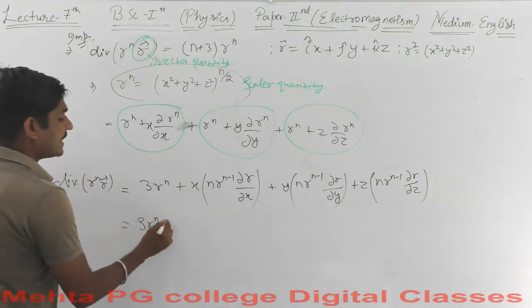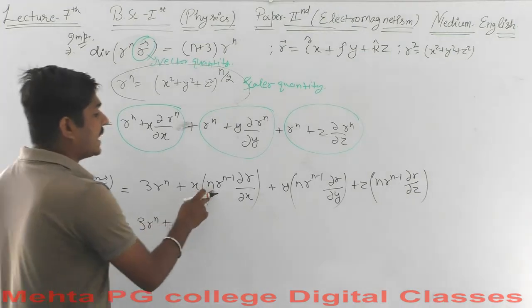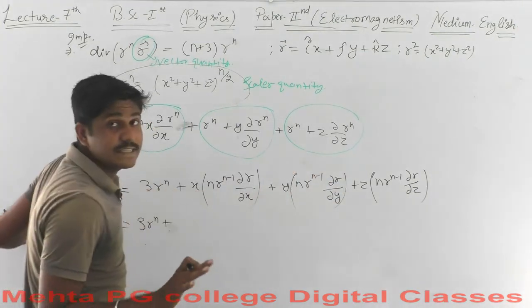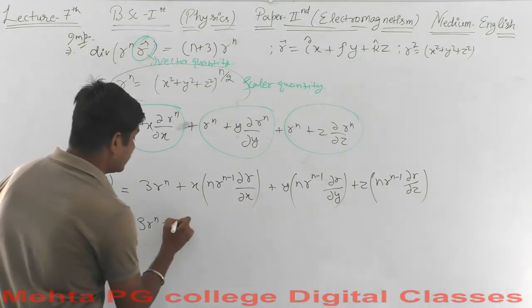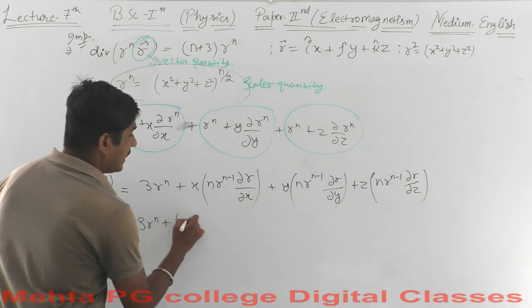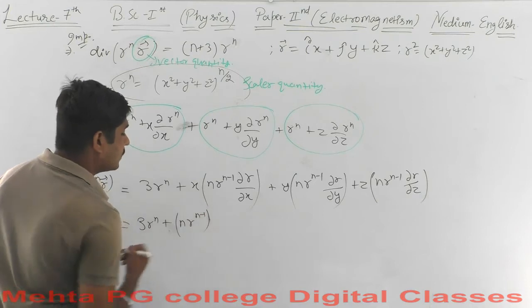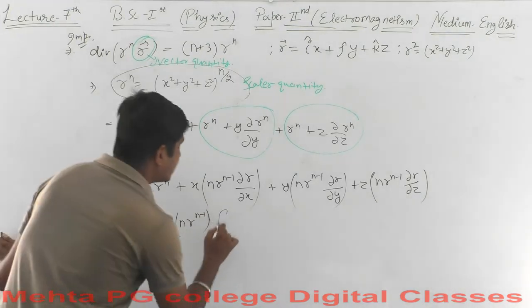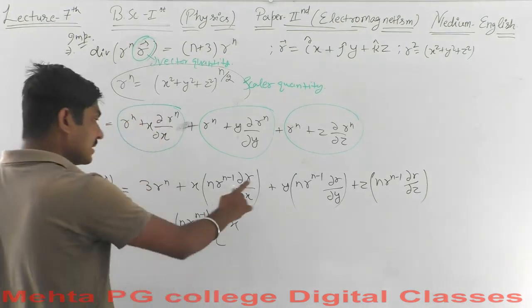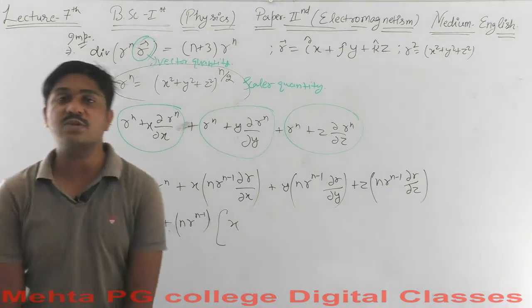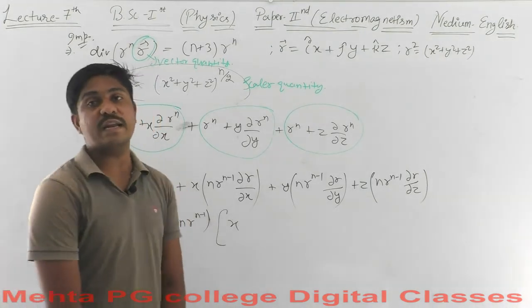So what can we take in common? We can take common n r raised to power n minus 1 for all of these. Taking this common, n r raised to power n minus 1 is the common quantity. So what remains here? x times the derivative of r with respect to x. What is the value of the derivative of r with respect to x?